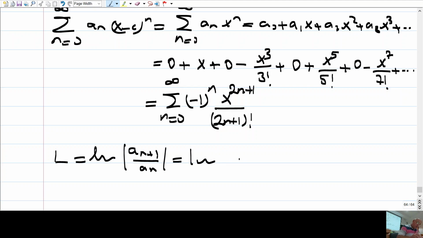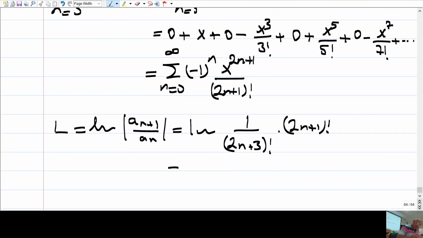So the nth term, the coefficient of the nth term, is 1 over (2n+1) factorial. The (n+1)th term will be 1 over, you plug n+1 for n, so you get (2n+3) factorial, divided by a_n, (2n+1) factorial.